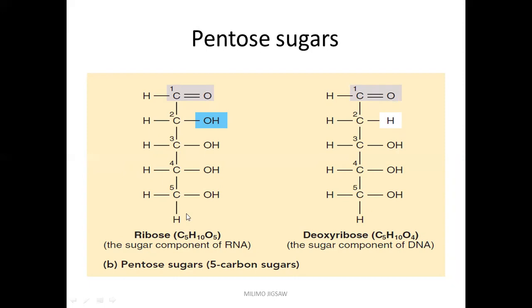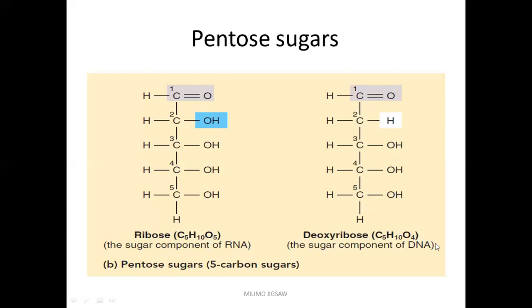So these are 5 carbon sugars, and they have the formula of C5H10O5. For example, the ribose sugar has C5H10O5, which obeys the general rule of 1:2:1 ratio.